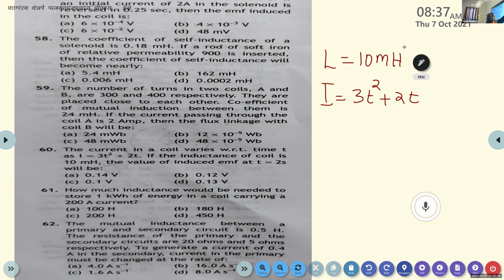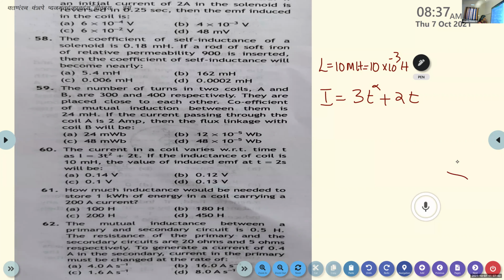How we can solve it? L is equal to 10 millihenry, that is equal to 10 into 10 raised to minus 3 Henry. Convert millihenry into Henry because here the induced EMF is expressed in terms of volt, not in millivolt.